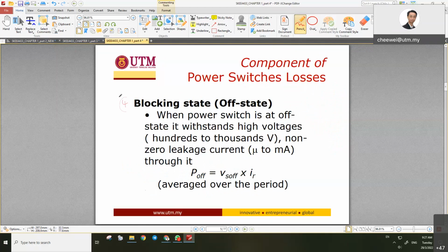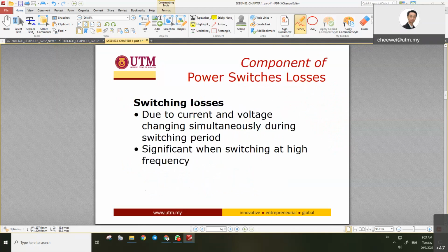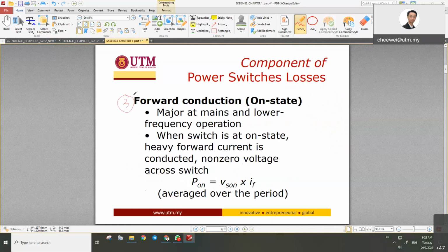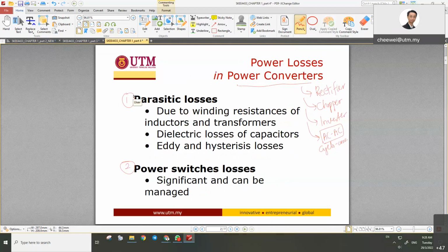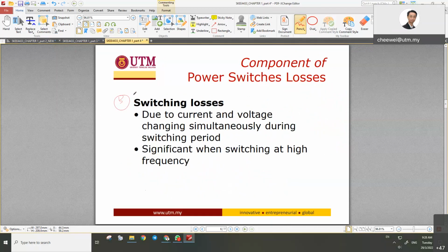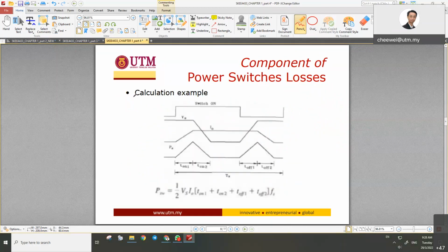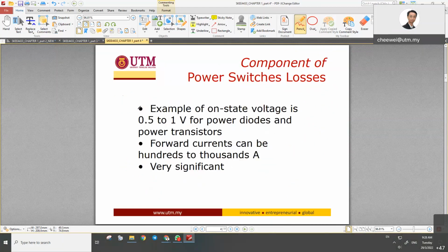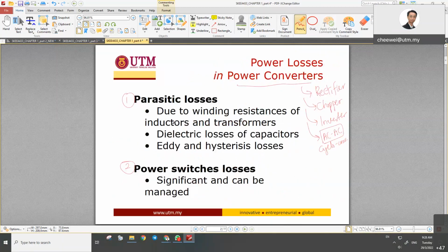Blocking state losses, 4, and then 5, switching losses. Any more? No more. Okay, so there are 5 types, 5 major classes of losses.